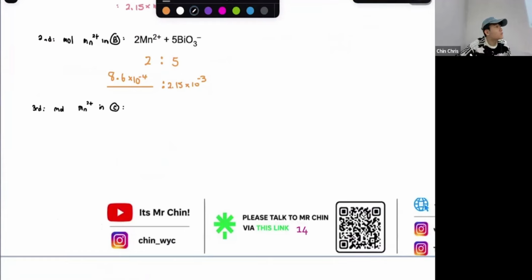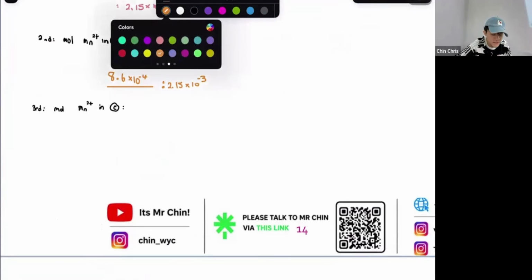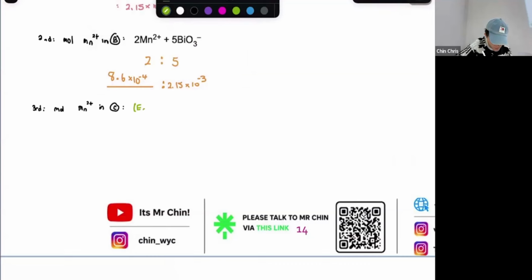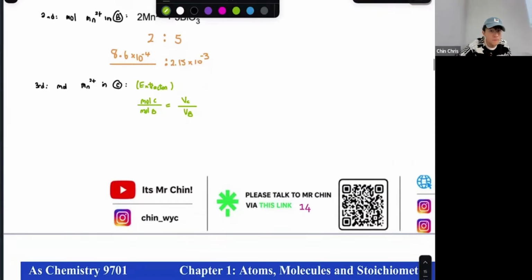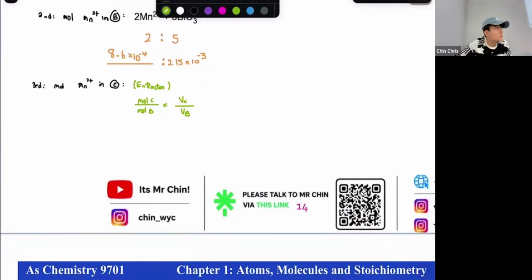How do you find the mole of Mn2+ in C? It's an aliquot, right, guys? What's the formula for the aliquot? Mole C over mole B equals volume C over volume B. Is that right? Understand?